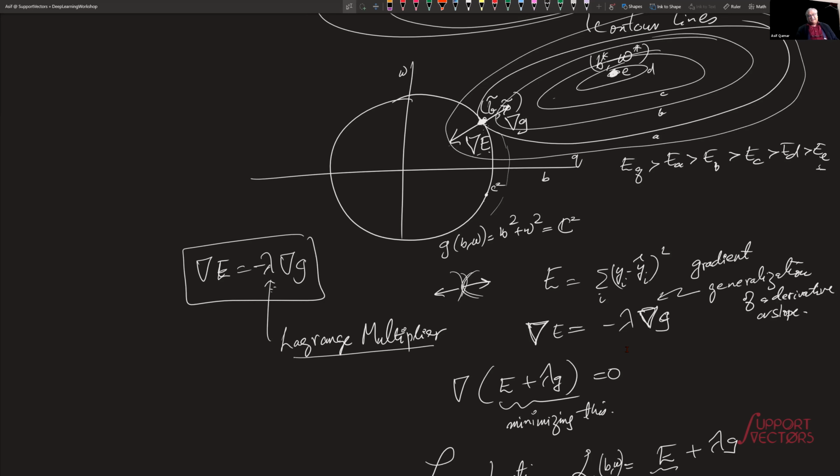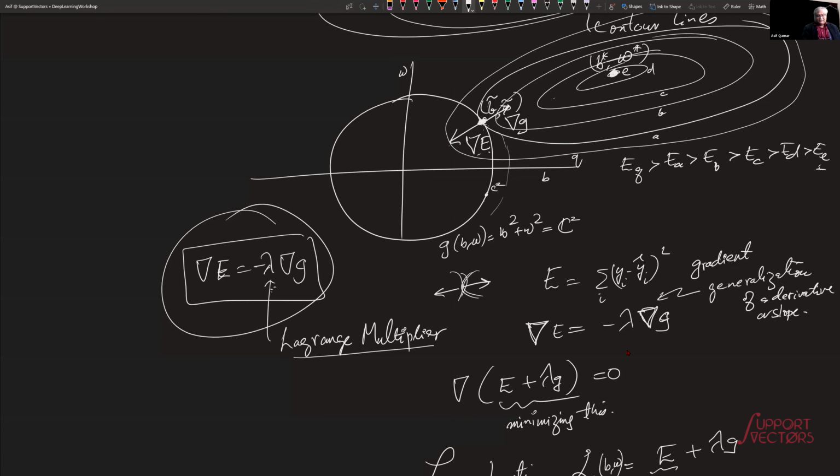Based on that, the constraint will touch the error surface, and wherever it touches, certain geometric conditions will be true, namely the normal vectors will be pointing in opposite directions.